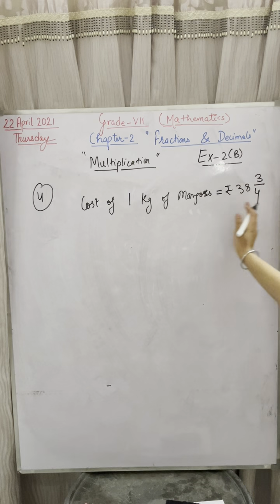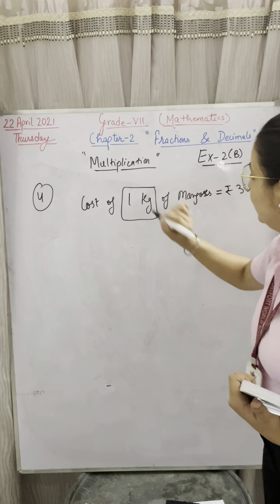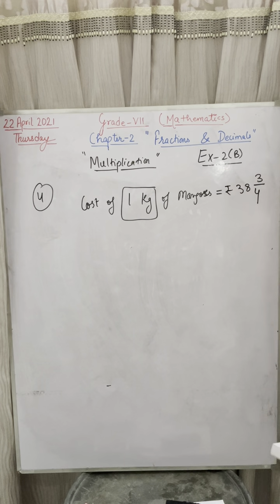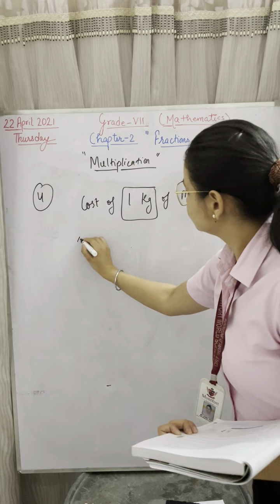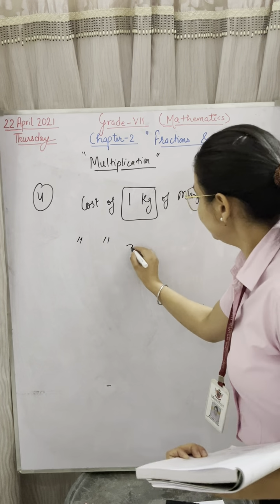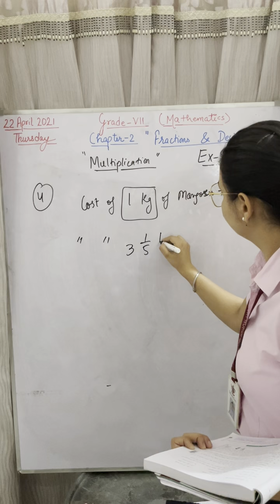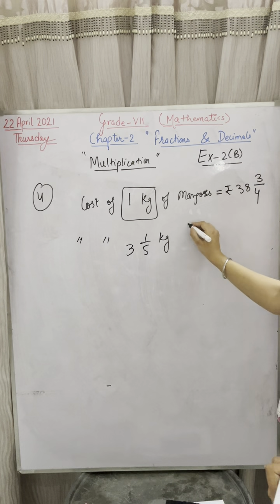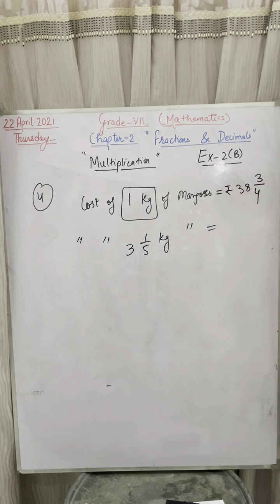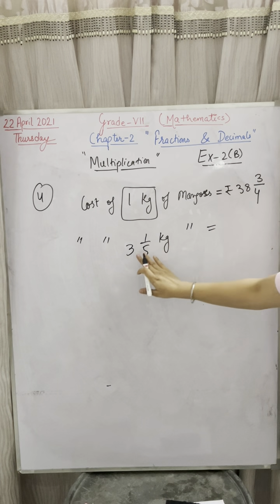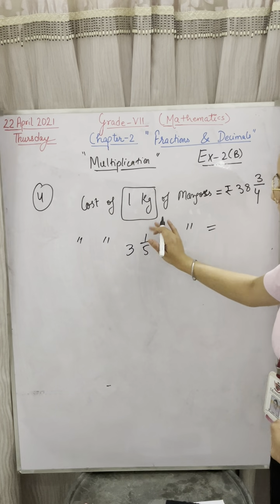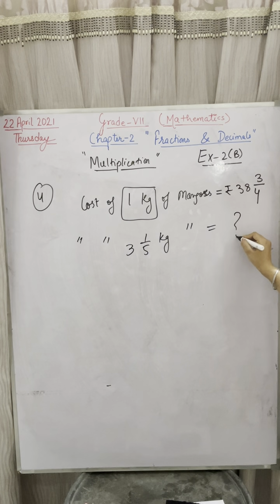The cost of 1 kg of mangoes is given, that is rupees 38 3/4. They are asking what is the cost of 3 1/5 kg of mangoes. It will be how much?